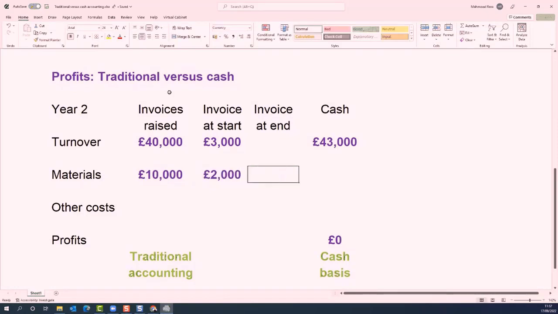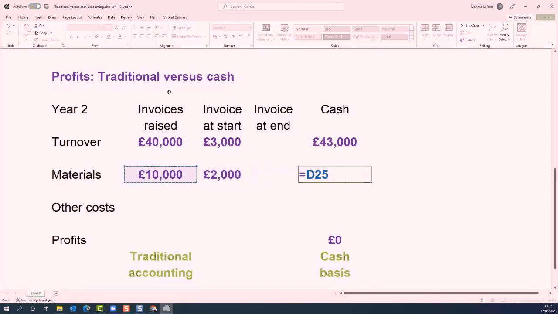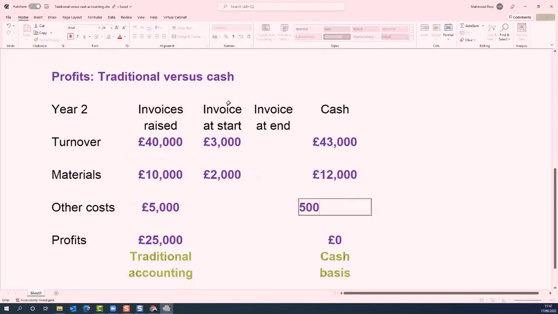Again, if we assume no outstanding supplier bills, what that would mean is, in cash terms, the purchases are together £12,000. Other costs, £5,000 as before, and in cash terms, it's also 5,000. So now what we see in year 2, the cash profit is higher than it was in year 1. So our decorator will be paying taxes on the 26th. Under traditional accounting, it's only going to be the 25,000.